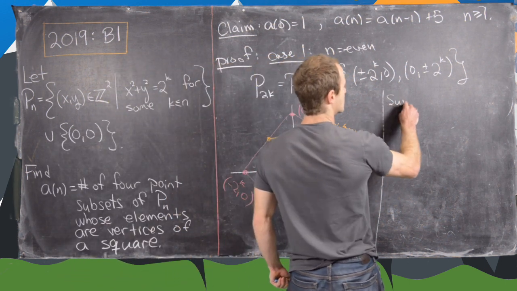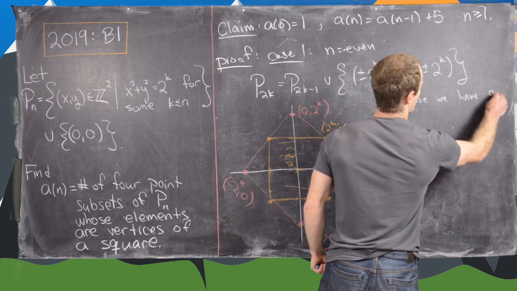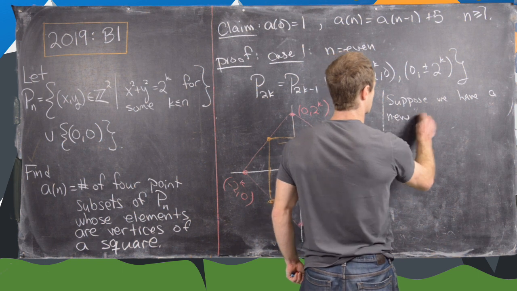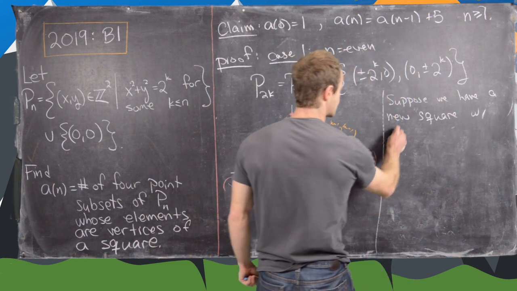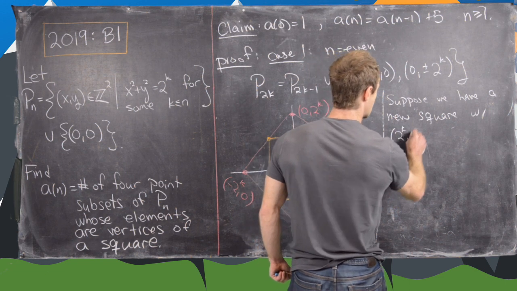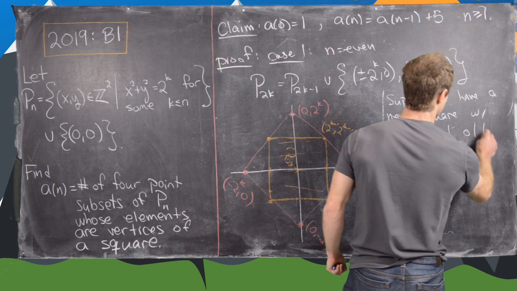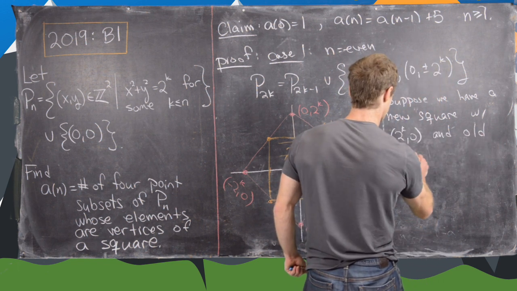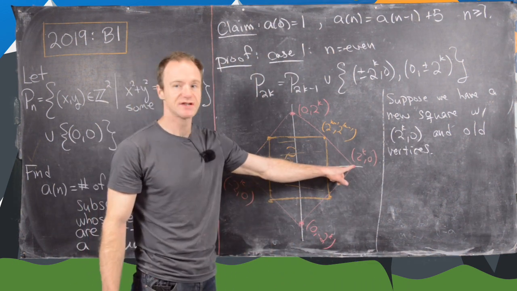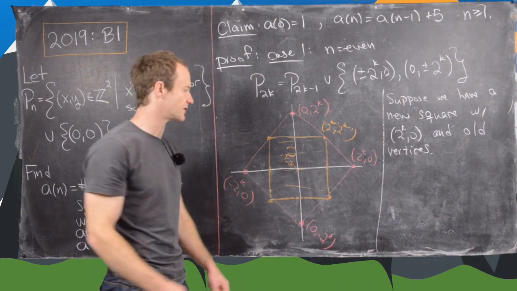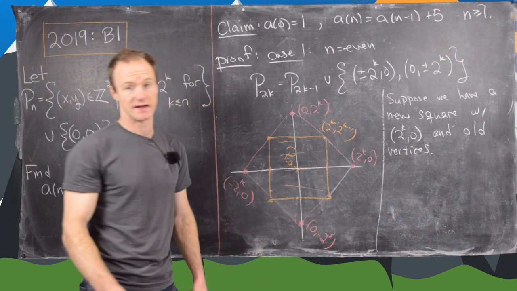So let's suppose we have a new square with this point right here, 2 to the k, comma 0, and old vertices. Okay, the edges of the square that includes this new vertex need to be along these two rays.